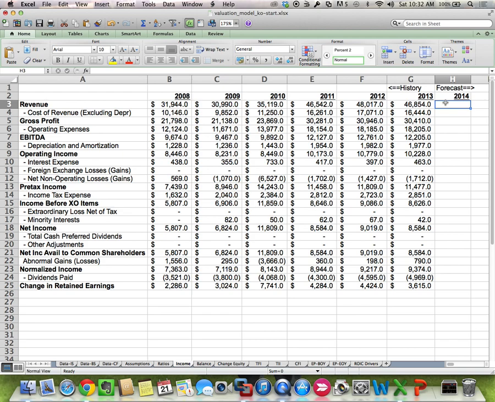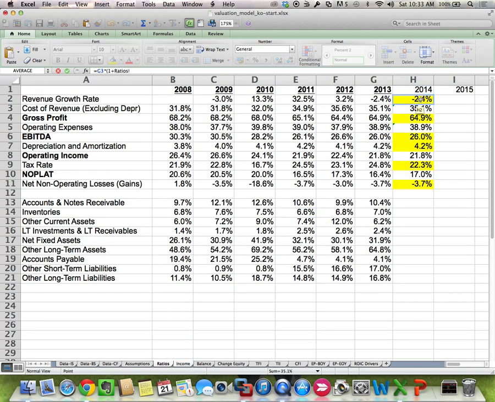So what is the revenue growth rate? It's current year minus previous year, divided by previous year. So what is it going to be for next year? It's going to be last year's revenue times 1 plus the growth rate equals next year's revenue. So equals last year's revenue, 2013 revenue, times, left paren, 1 plus the growth rate off my ratios tab, the 2014 growth rate.